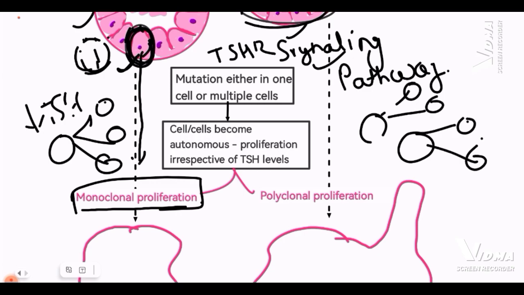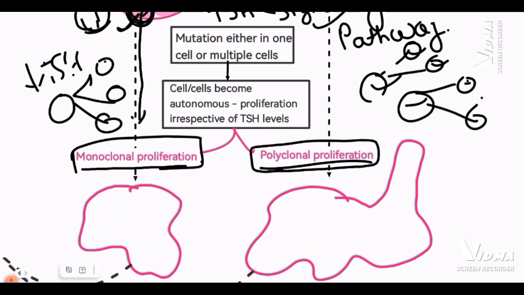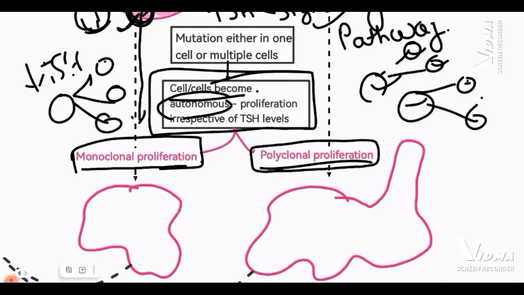So in this case we call it polyclonal proliferation. Two cells giving rise to many cells, hence it is polyclonal proliferation. And this proliferation is independent of TSH, so we call it autonomous. Cells become autonomous.